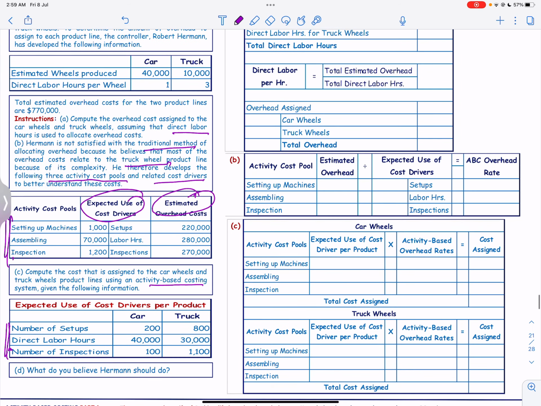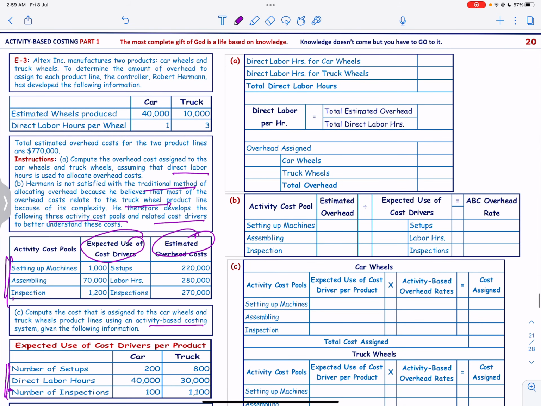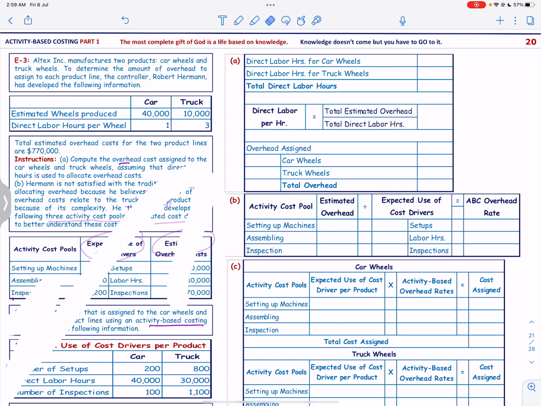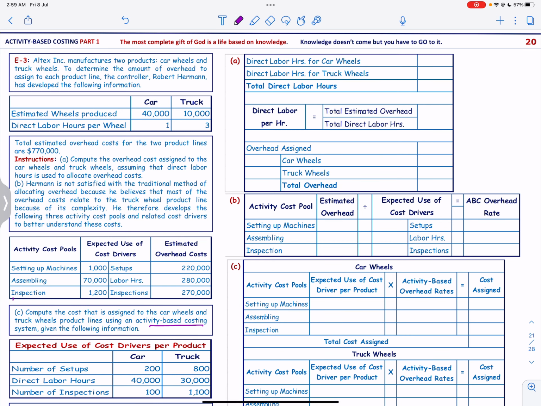We start first of all with part A. Compute the overhead cost. So we have the direct labor 40,000 times 1, that is 40,000, and for the truck 10,000 times 3, that is 30,000.